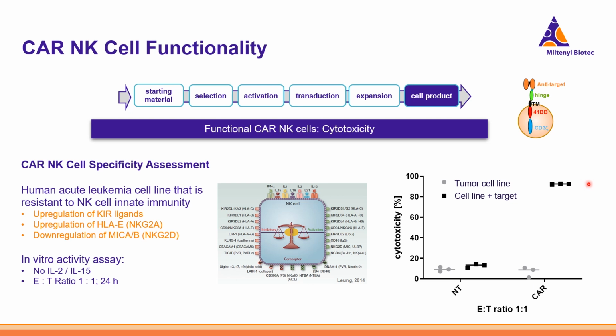And this shows us two things. On the one hand, that the CAR recognition is very specific, and on the other hand, that the CAR can actually overcome these inhibitory effects towards the NK cells.